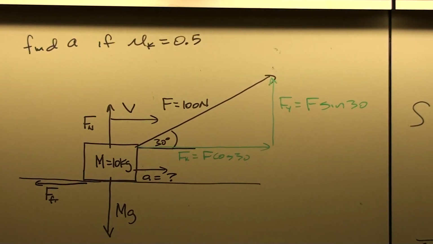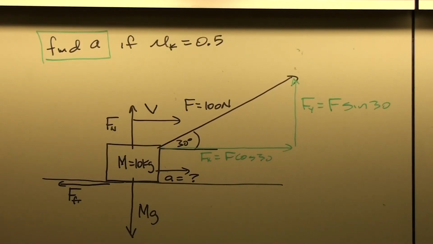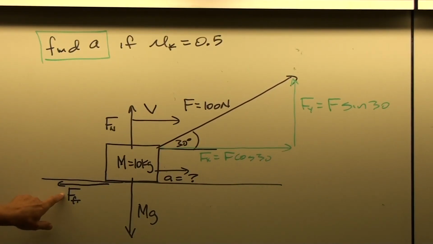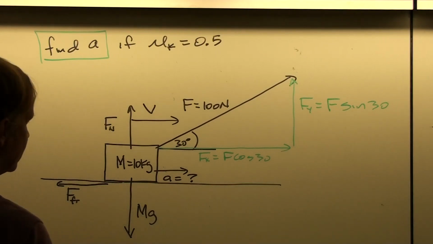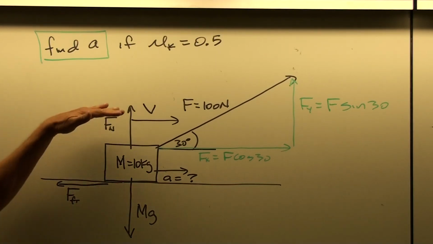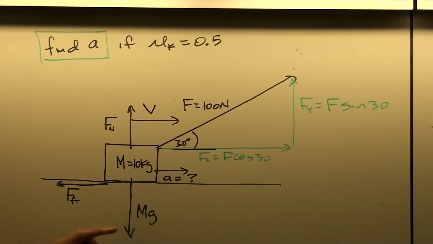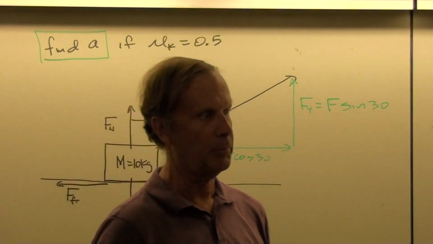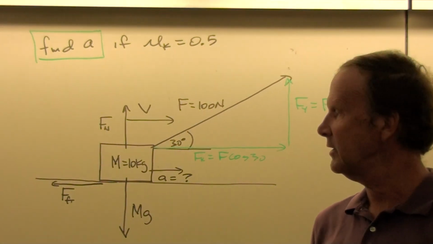Okay, and so our goal then is to find the acceleration, and we're given that the coefficient of kinetic friction is 0.5. One mistake that people often make is to just automatically, in a problem like this, think that the normal force is equal to the weight, because we've seen that in other examples where there haven't been any other vertical forces acting.